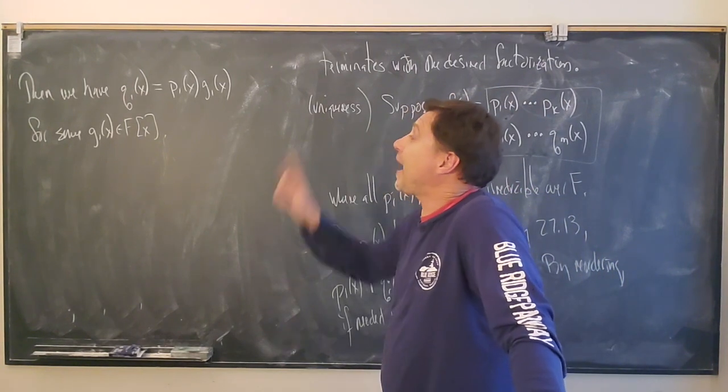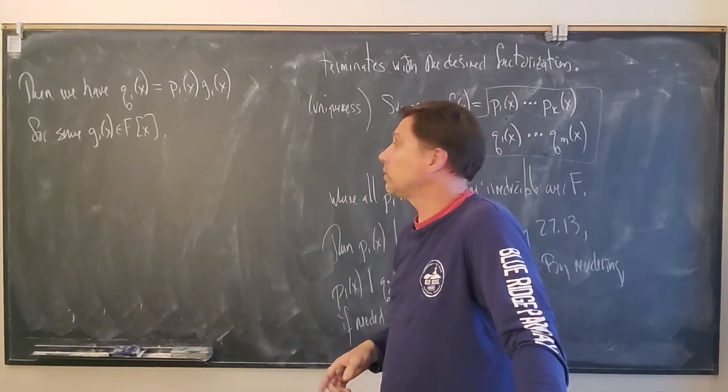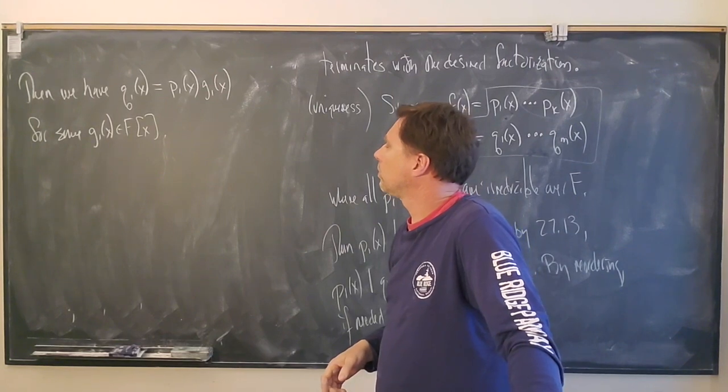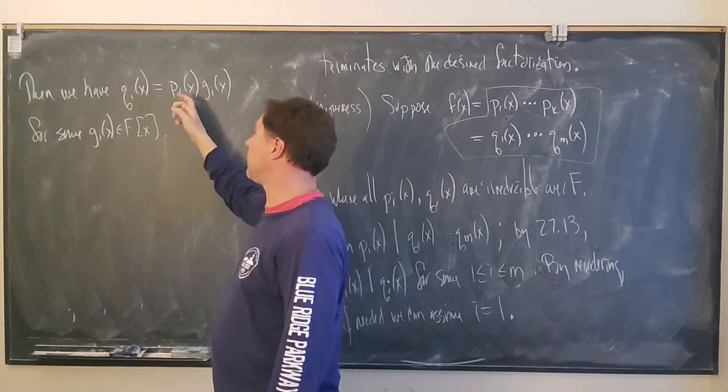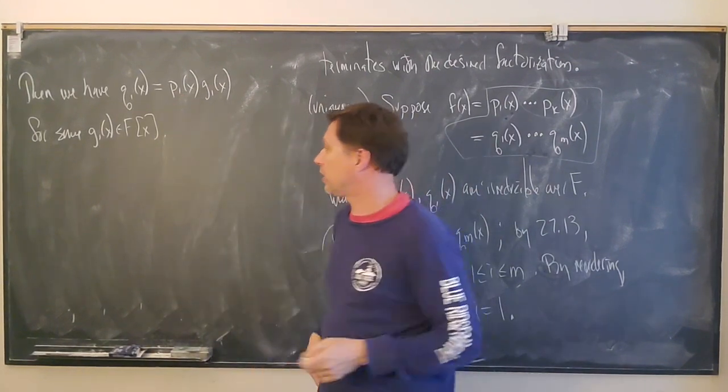Okay. But now we need to use the fact that Q1 is irreducible, which means that if you can factor it like this, one of those two has to be a unit, and we know that P1 is not a unit. Right?